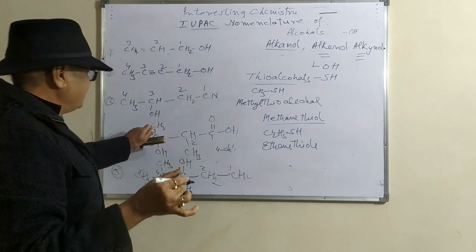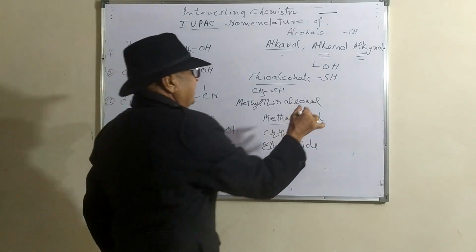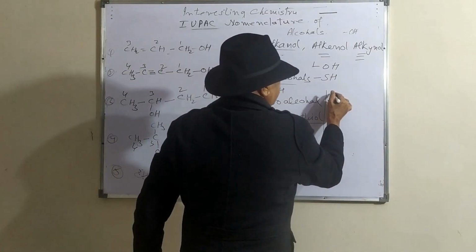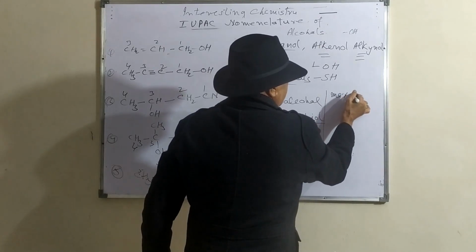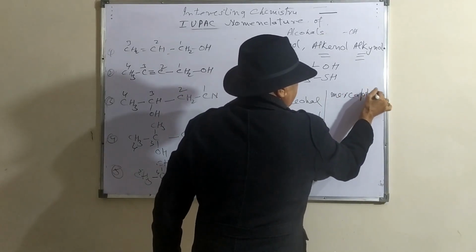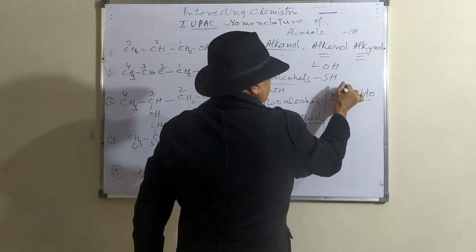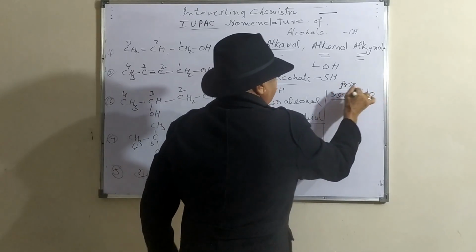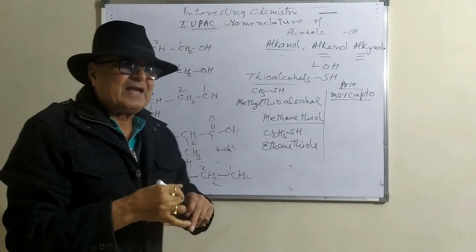If it is found in the nomenclature as a substituent, the prefix for thiol is mercapto. I told you this for your kind knowledge.